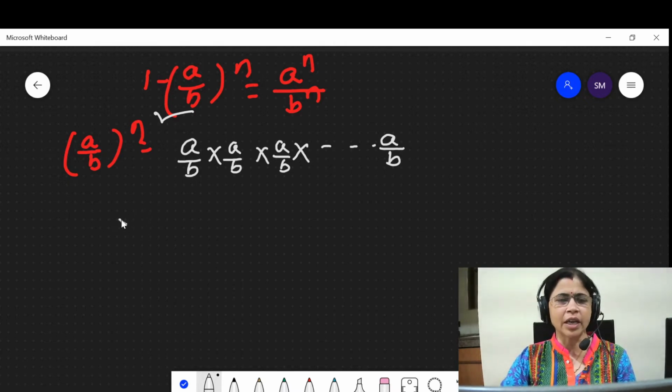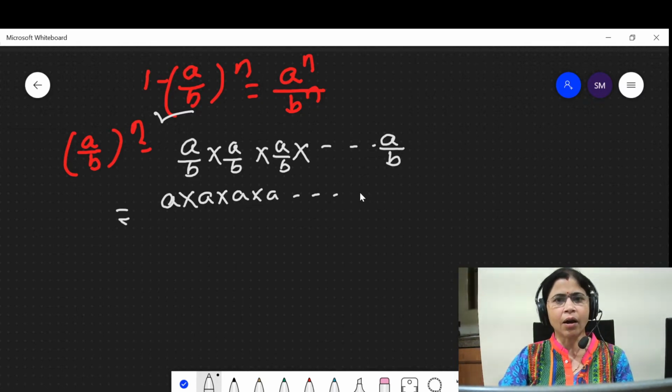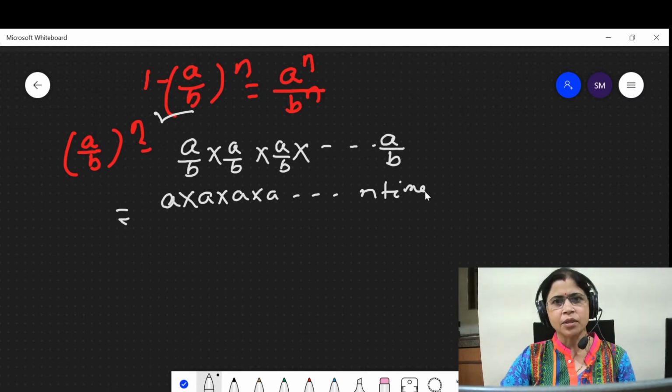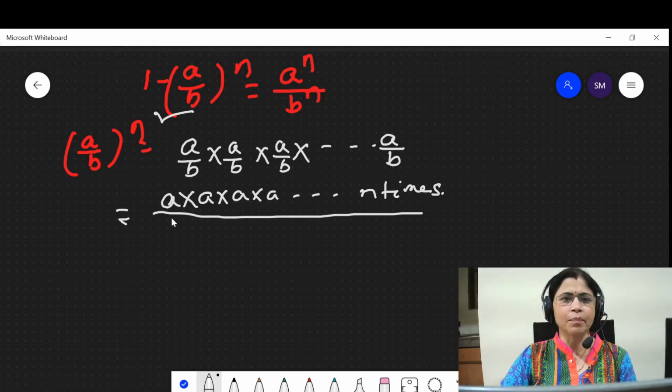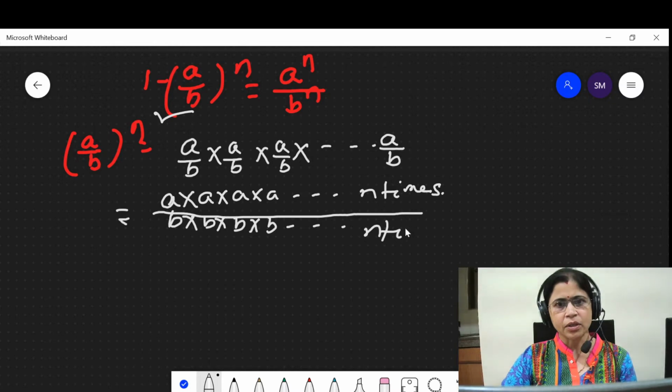Then in the numerator we get a into a into a, n times. In the denominator also we multiply b into b into b, n times.